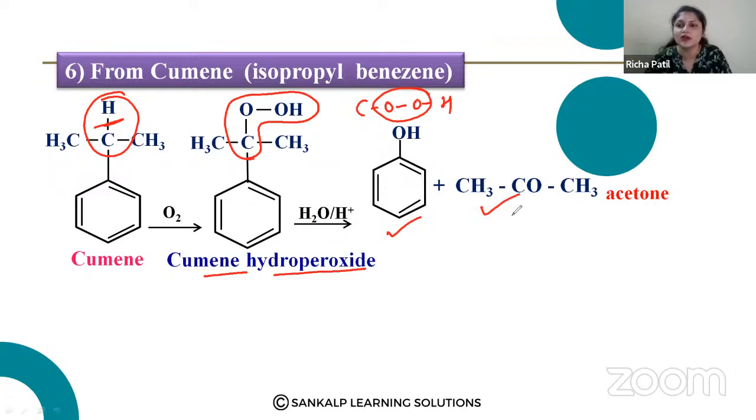Acetone is also a major product here. So if you treat cumene with oxygen, it forms cumene hydroperoxide as an intermediate, which on hydrolysis yields phenol and acetone. Remember both the products: phenol and acetone.